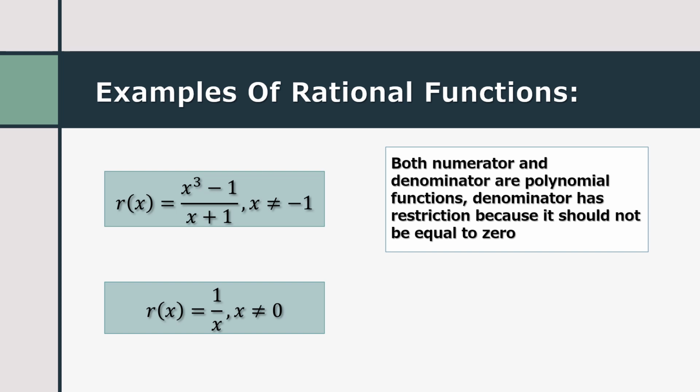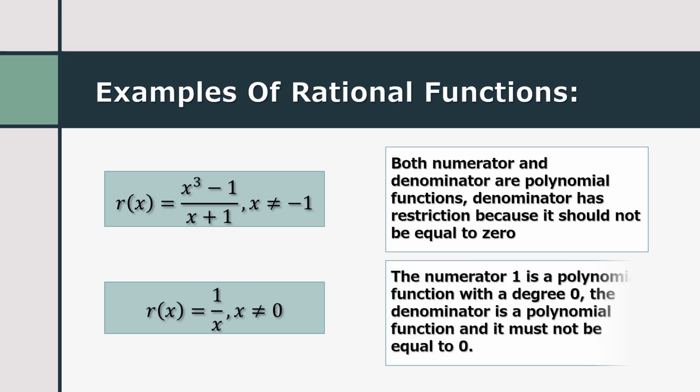The denominator has a restriction because it should not be equal to 0. The numerator 1 in this example is a polynomial function with a degree of 0. The denominator is a polynomial function and it must not be equal to 0.